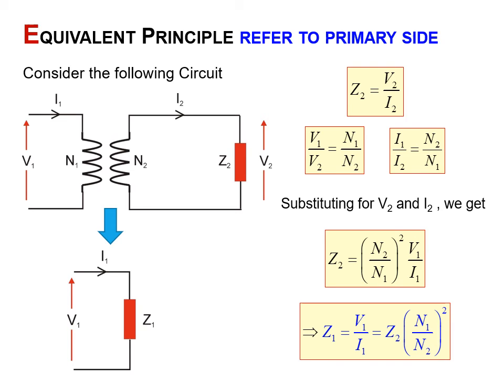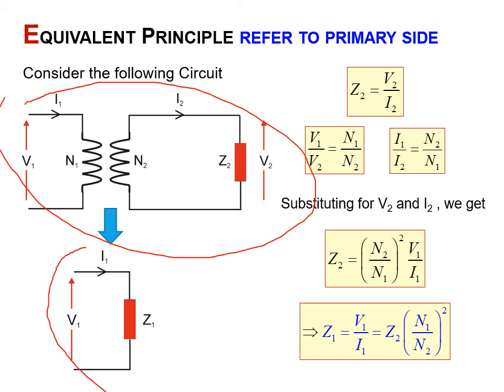So what we can do then is replace all this with this, because we can call this Z1, and we can say that Z1 is equal to Z2 over (N1 over N2) squared. What that does is move the impedance on the secondary side over to the primary side.